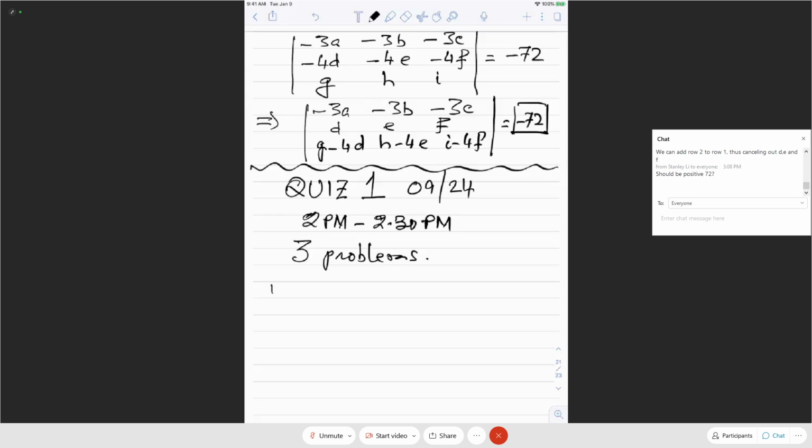So one will be: find the inverse of a matrix using adjoint, a 3 by 3 matrix. So you find the matrix of the cofactors, then the adjoint is the transpose of that.